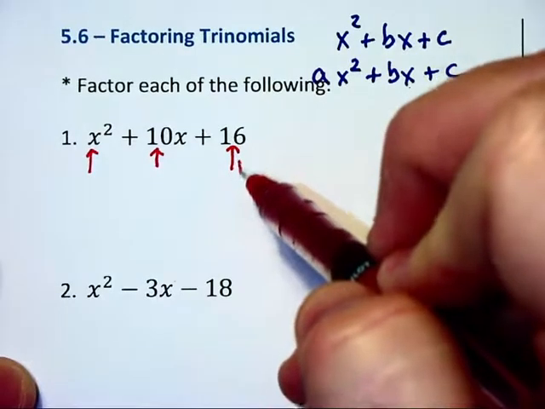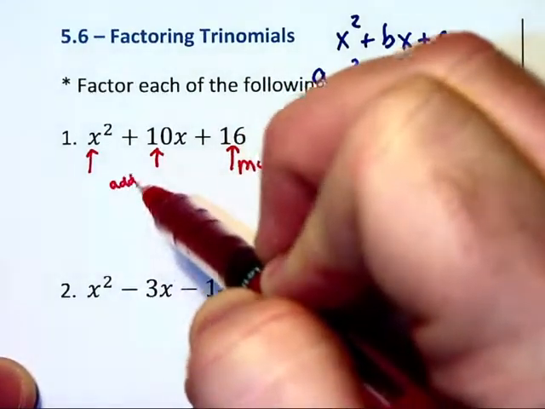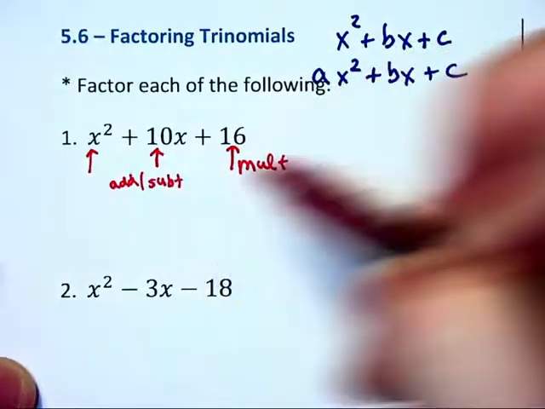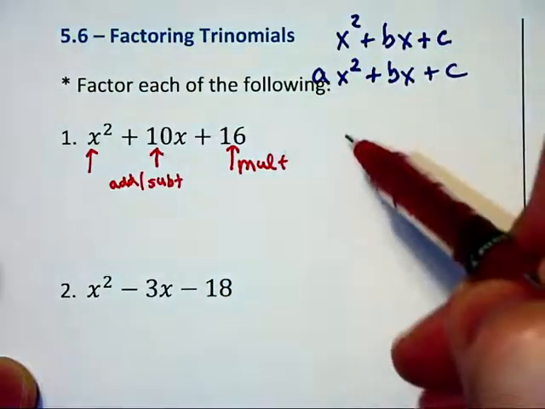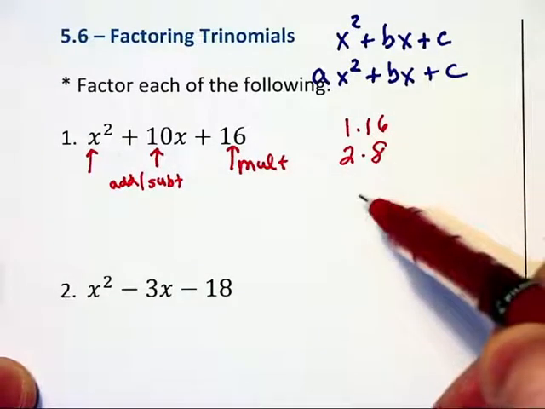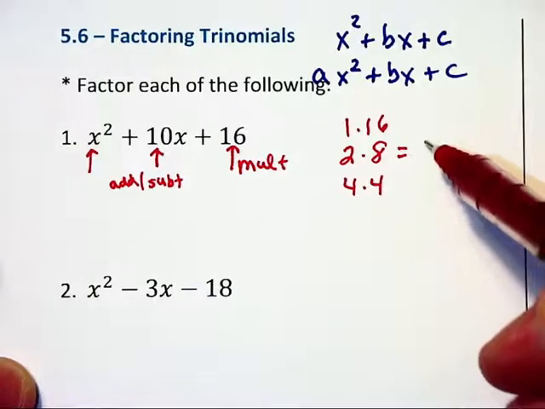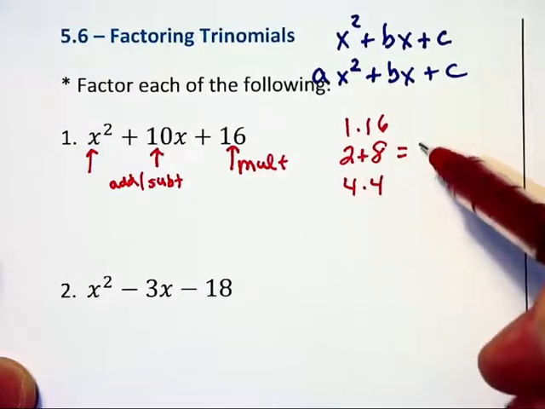So basically we are looking for two numbers that will multiply to make 16 and either add or subtract to make 10. Well, the factors of 16 are 1 times 16, 2 times 8, or 4 times 4. And notice that the 2 plus 8 is going to add together to be 10.